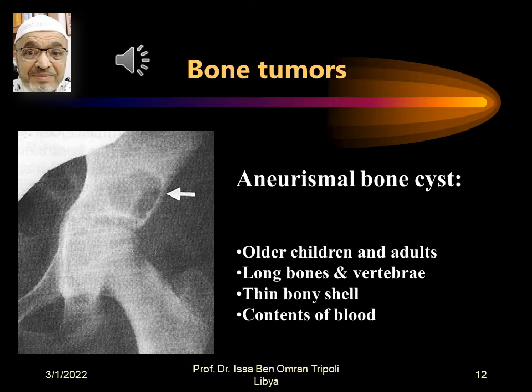And we find here a very thin bony shell as demonstrated in this X-ray view, because it contains blood inside the cyst. If we open this cyst surgically, we find blood inside the cyst.